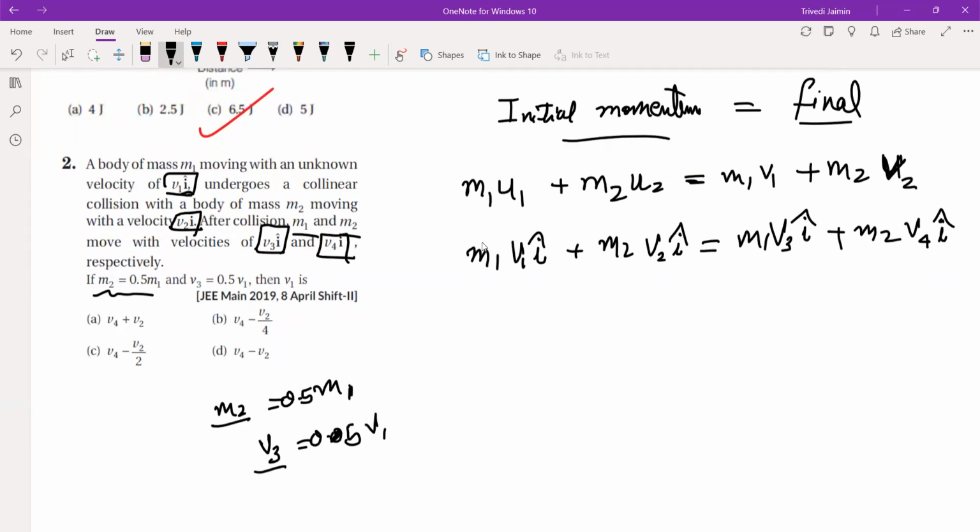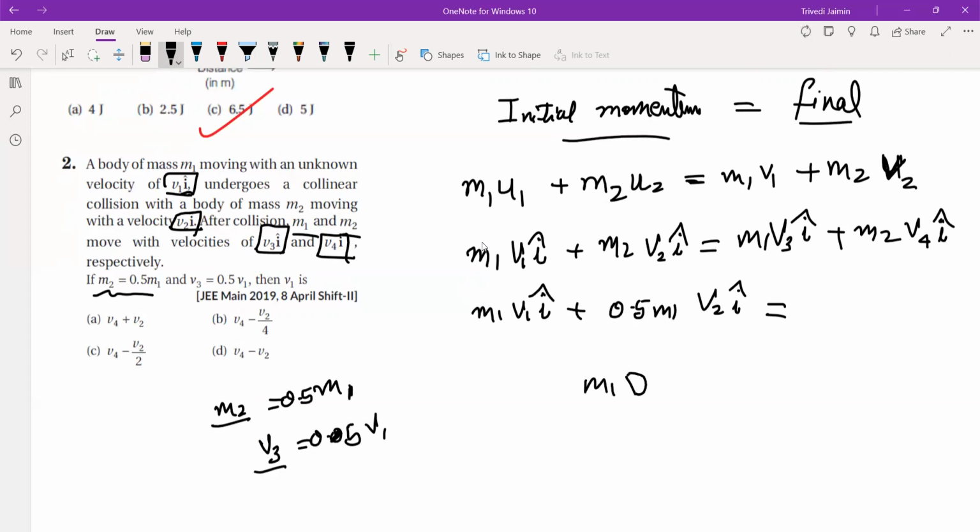That means we are getting all the values in terms of V1. Let's substitute first, then we'll see. M1 V1 as it is, plus M2, 0.5 M1, V2 as it is, equals M1 as it is.